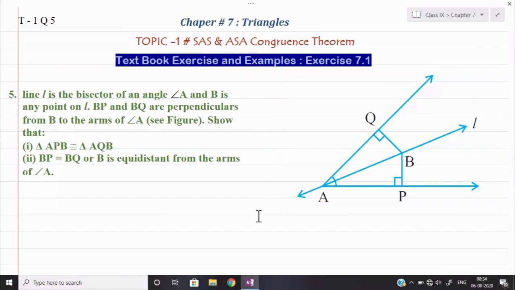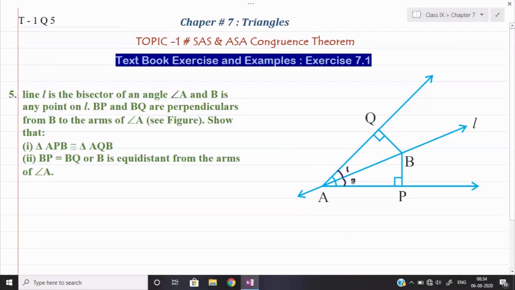Into two equal parts. So suppose one equal part is this one, and this one is the another equal part. This part I am supposing by angle number 1, and this part I am supposing by angle number 2. This is my angle 1. Let me mark clearly.